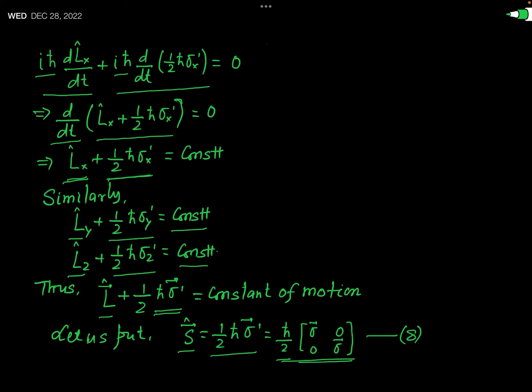When we use this form of S and add it to the orbital angular momentum L, the resultant operator is a constant of motion.